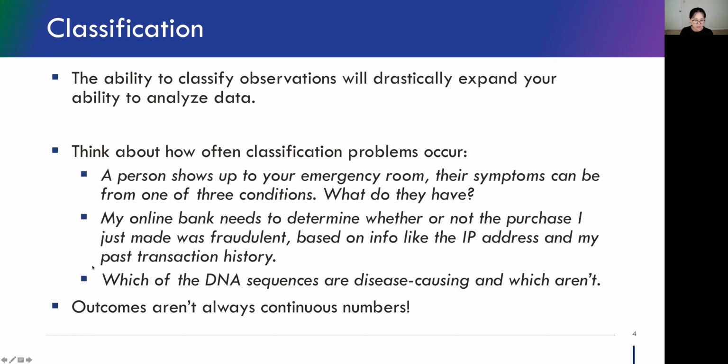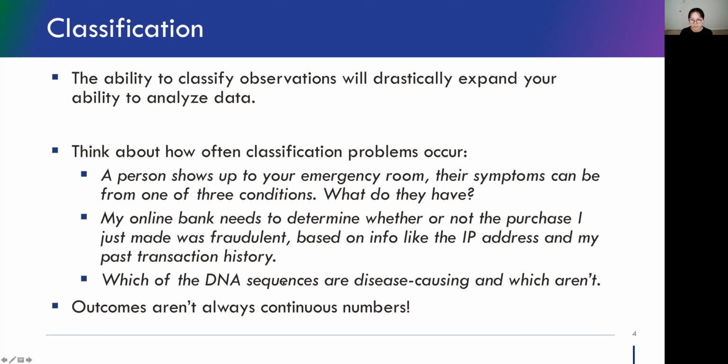Another example is that my online bank needs to determine whether or not the purchase I just made was fraudulent, based on information like the IP address and the past transaction history. This is a very common case where you need to do binary classification. And which of the DNA sequences are disease causing and which are not?